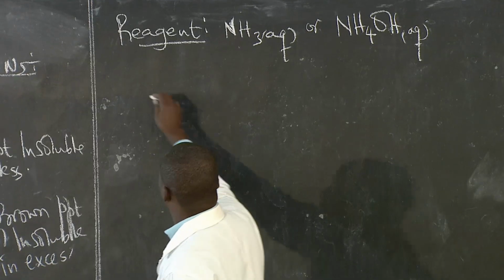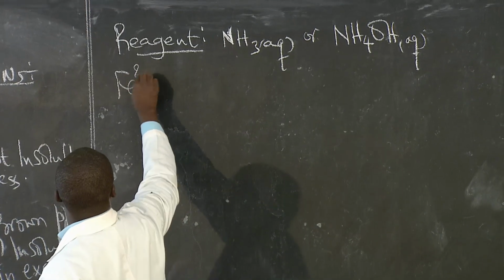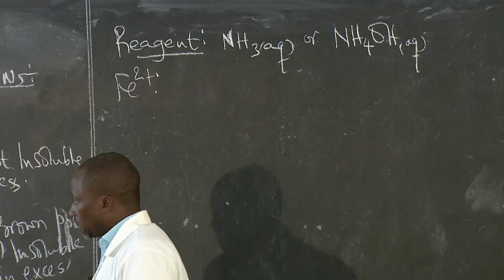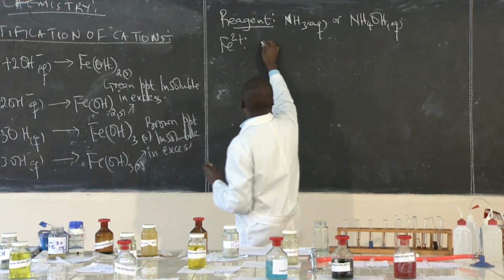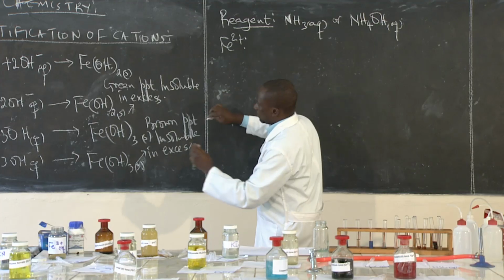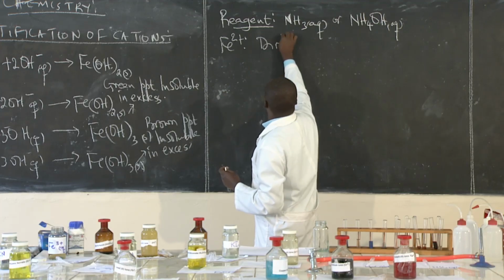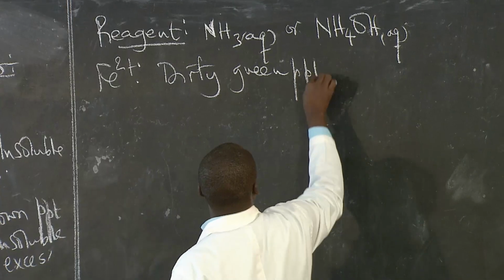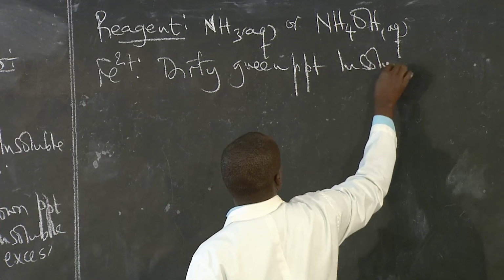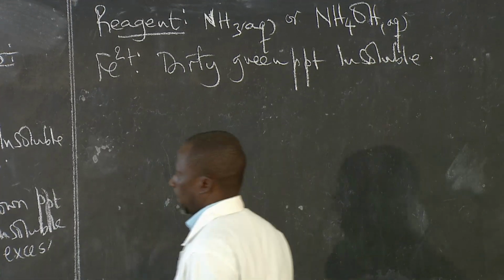With iron 2, if you remember, with ammonia you are getting a dirty green precipitate, which is insoluble in excess.